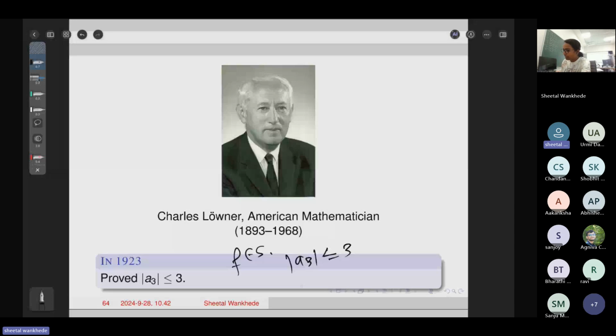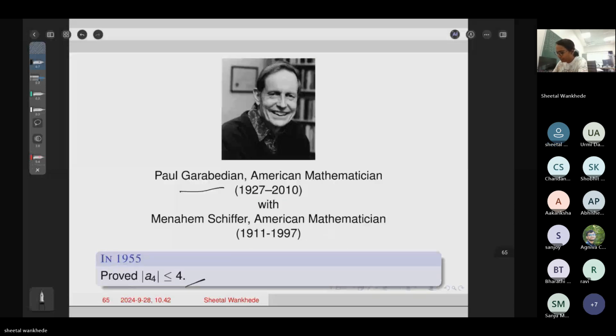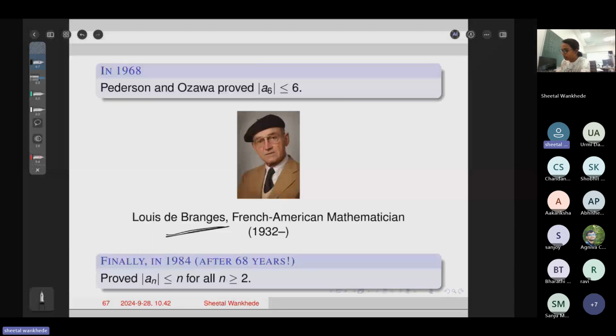Later Garabedian and Schiffer proved it for the fourth Taylor coefficient in 1955. Then in 1966 Pederson and Ozawa proved it for the sixth Taylor coefficient. And later on, de Branges, after 68 years, proved that the inequality holds for all Taylor coefficients.